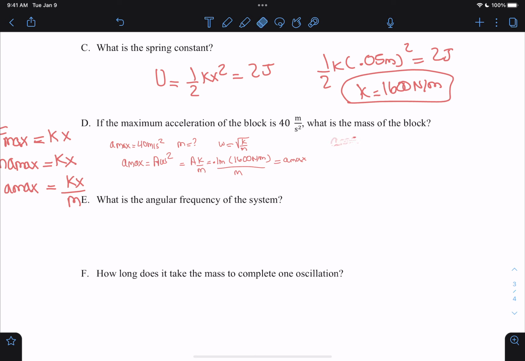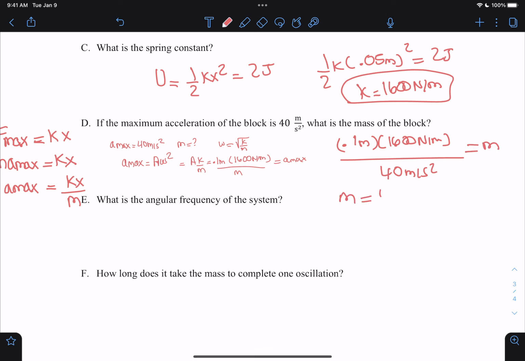Actually, my bad. 0.1 meters times 1600 newtons per meter divided by 40 meters per second squared will give us the mass. And so the mass is just equal to 4 kilograms. So that would be the mass of the block using that maximum acceleration there.